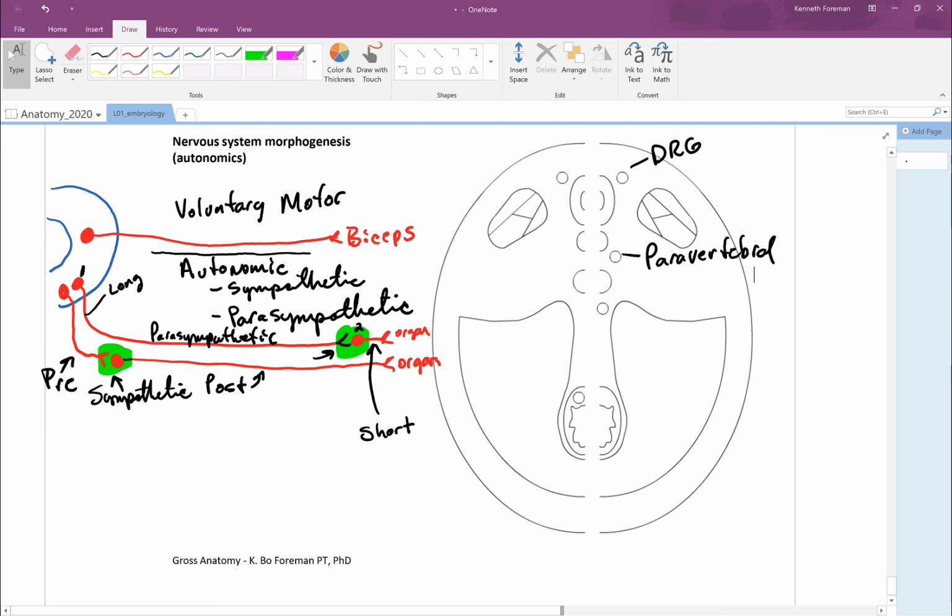And they also become prevertebral ganglion. So this is where your splanchnic nerves would go below the diaphragm. These two here are sympathetics.